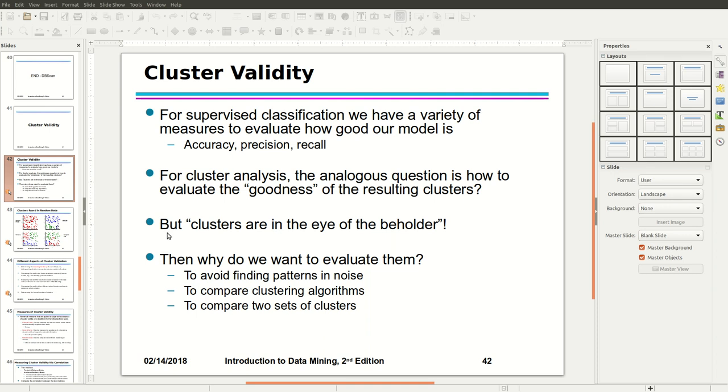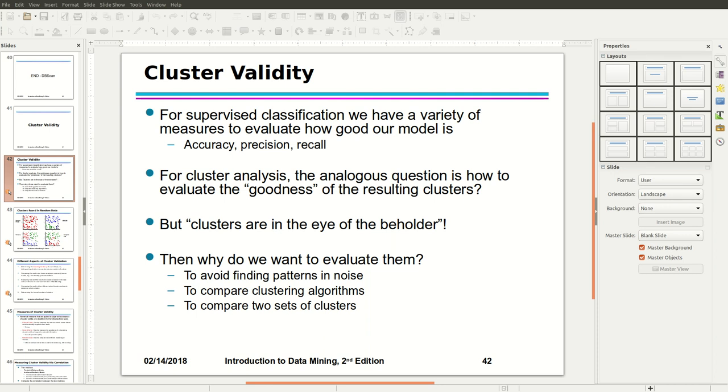We set k to 3, and then we got a set of points that are being clustered. But in reality, we know that these are just random points. There's nothing in it. It shouldn't be a good clustering, but k-means will still find us clusters, just like DBSCAN or complete link. So this is something we would like to avoid at the end, if possible.